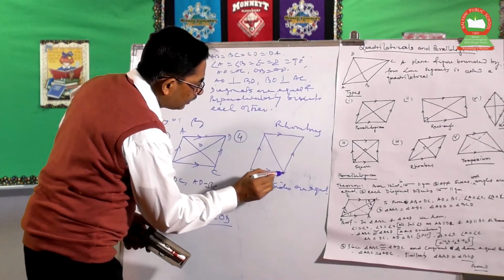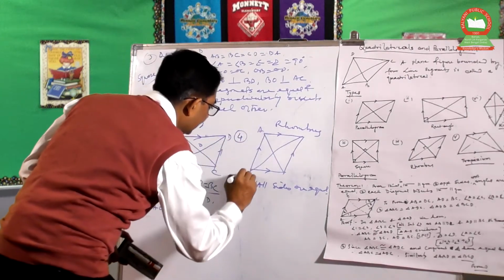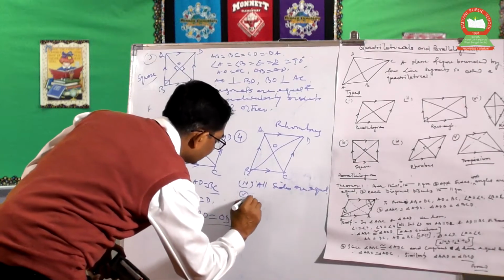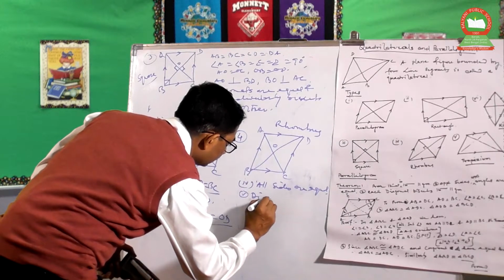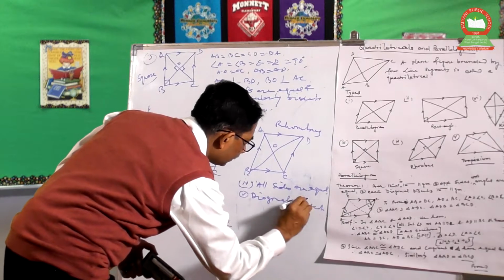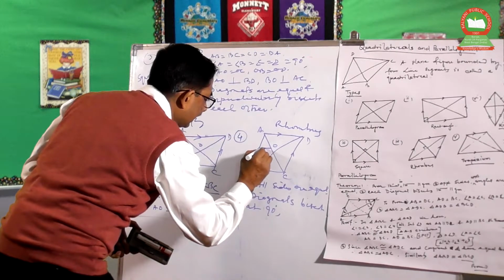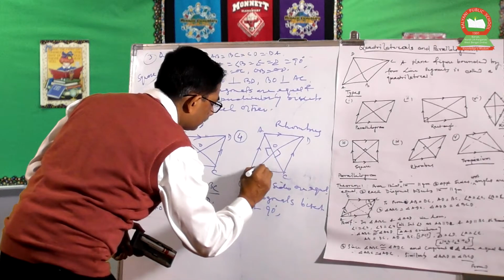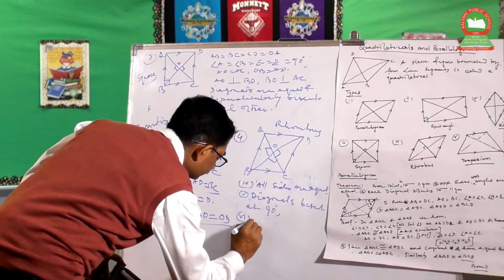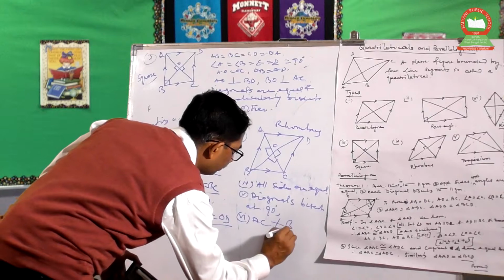And another point is, suppose A, B, C, D, O. The diagonals bisect at 90 degrees, that is these angles are 90 degrees, but the diagonals are not equal, that is AC not equal to BD.